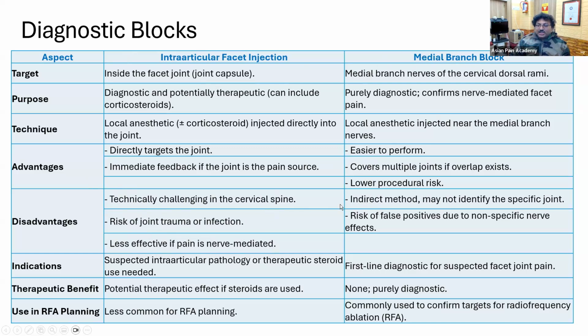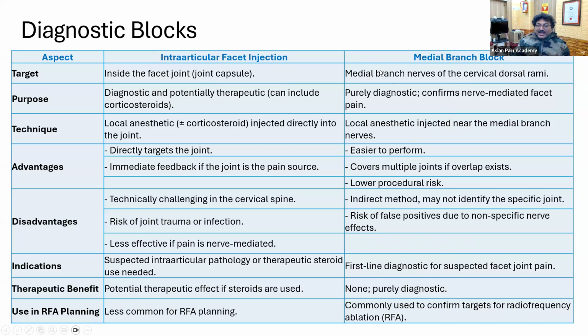Disadvantage of the medial branch block is that it is not going directly into the joint and assessing the joint pain, rather any other structure. For example, if the pain is coming from multifidus myofascial pain, that will also be blocked. And there is a risk of false positives due to non-specific nerve hits. So those are the disadvantages of the medial branch block.